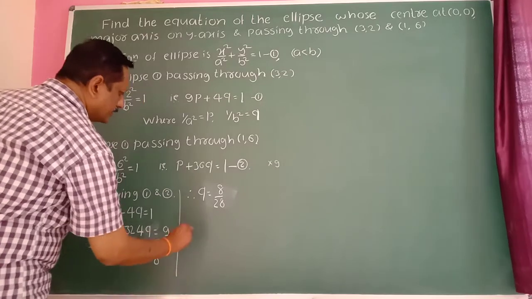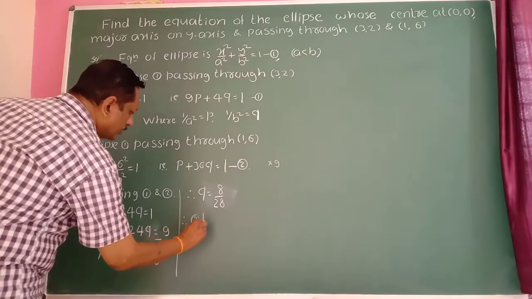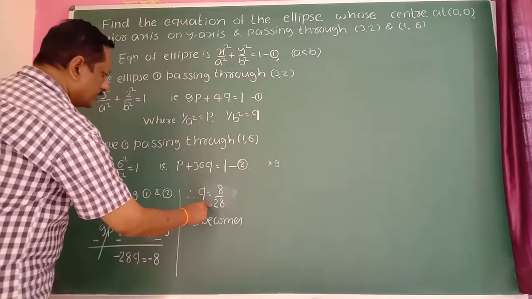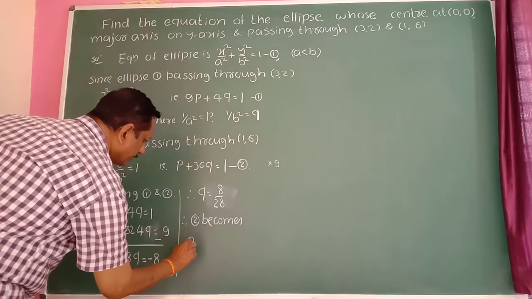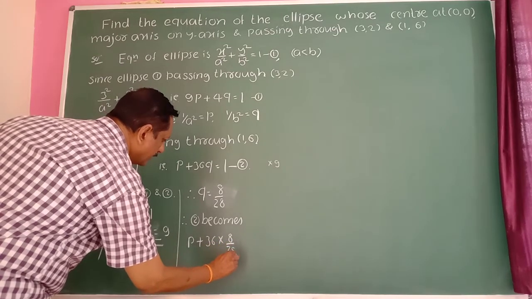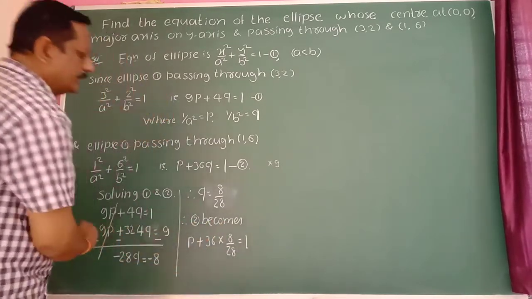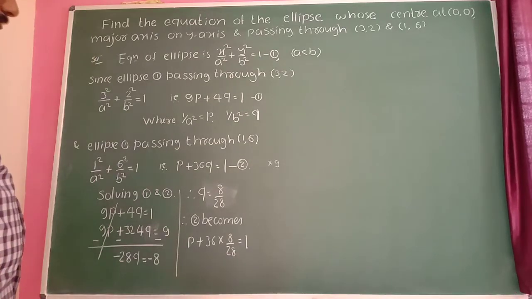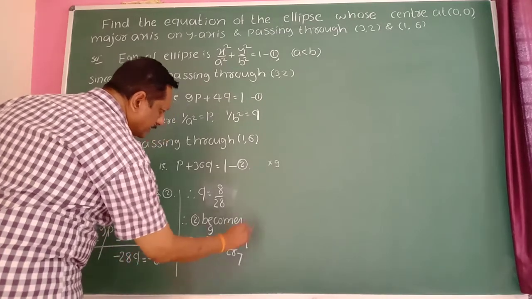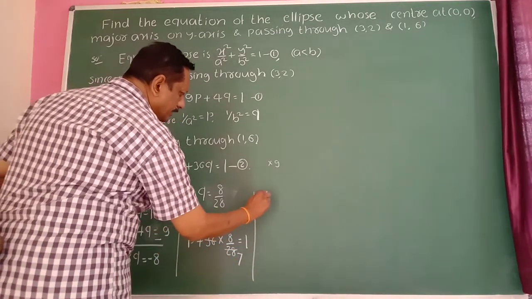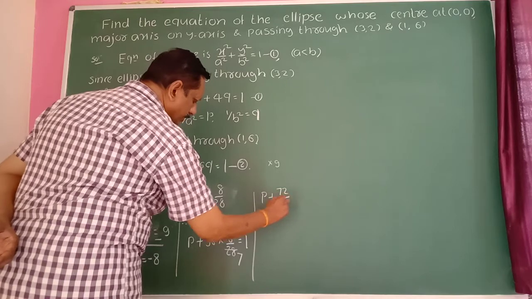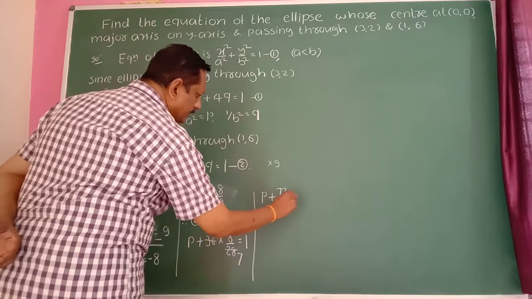Therefore, equation 2 becomes p plus 36 into 8 divided by 28 is equal to 1. Then 4 9s are 36 and 4 7s are 28. Therefore, p plus 72 divided by 7 is equal to 1.